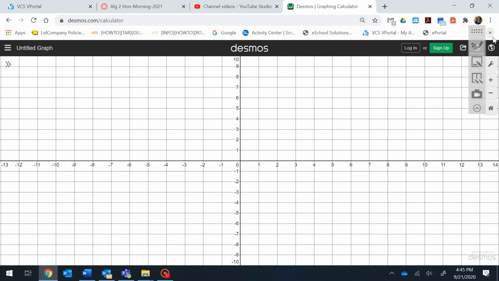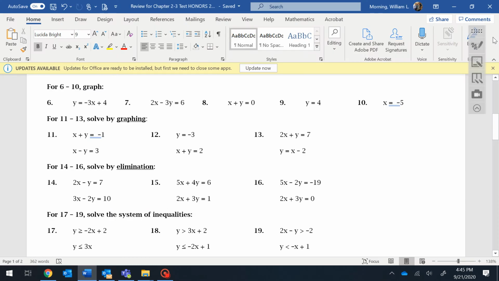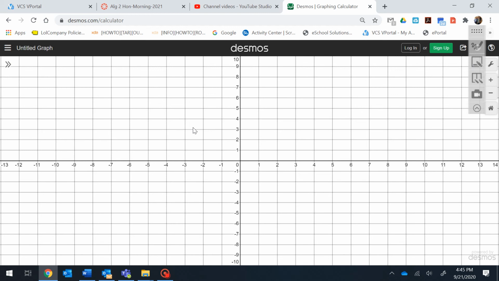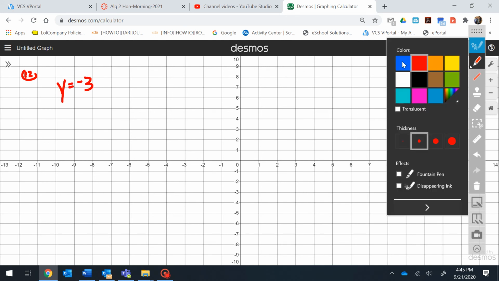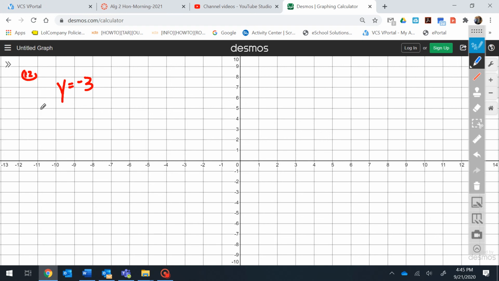Alright, let's look at number 12. y equals -3, x plus y equals 2. The first one is pretty straightforward. -3, it's a horizontal line that goes through -3 on the y-axis.